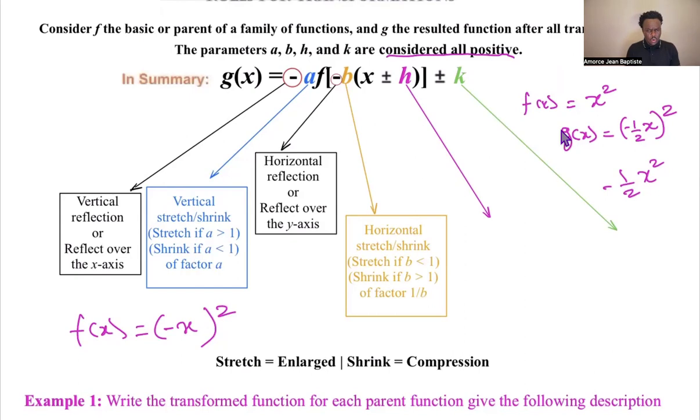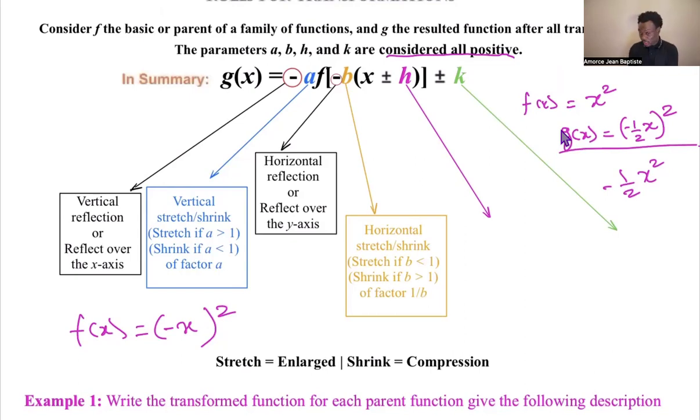Now, because the negative 1/2 in the first example multiplies x, not x squared, this is a horizontal transformation. It can be a stretch or shrink. But first, what's the negative?